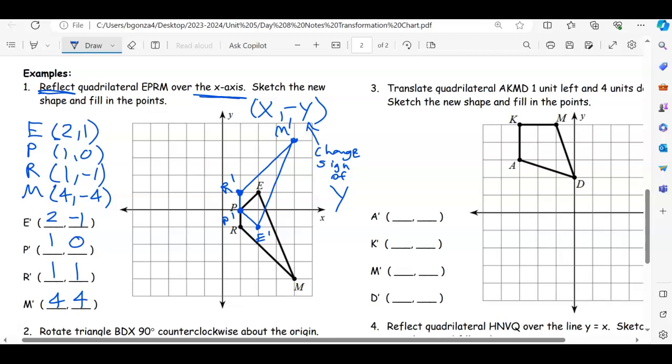Does everyone have number 1? Y'all ready for number 2? All right, look at number 2.